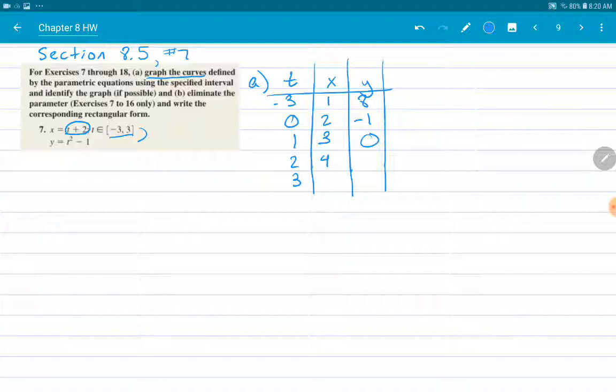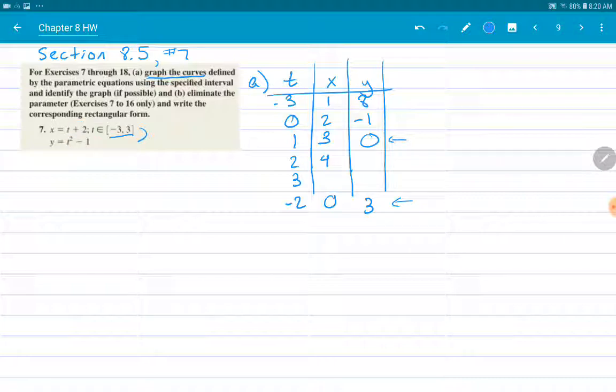And maybe we should have done a -2, because for x, that gives us 0. And -2 squared, so that's 4, minus 1 gives me 3. That's kind of neat. Let's see what else we have here.